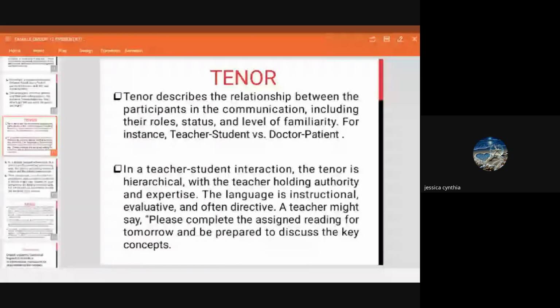These are two different categories of people, and the relationship between the two participants also influences the choice of words and how the communication is done. So this is the tenor in terms of the participants who are involved.